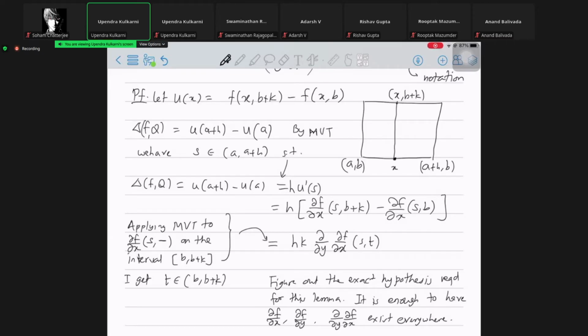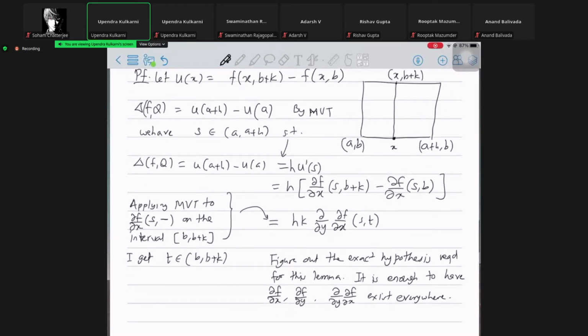Be that as it may, I hope you understand the second statement, that these were the only partial derivatives. So if both partial derivatives exist and the partial derivative with respect to y of the partial derivative with respect to x exist, then this proof is perfectly all right, because I can use the mean value theorem wherever I want.